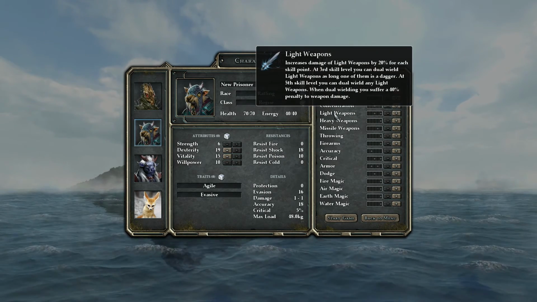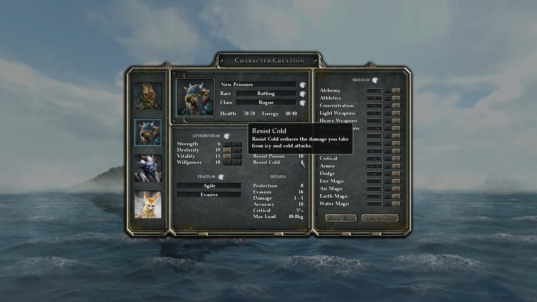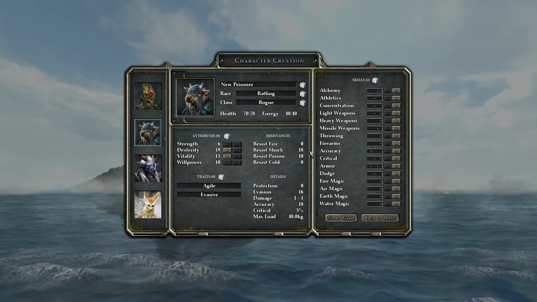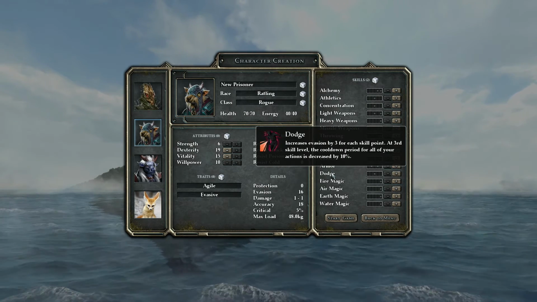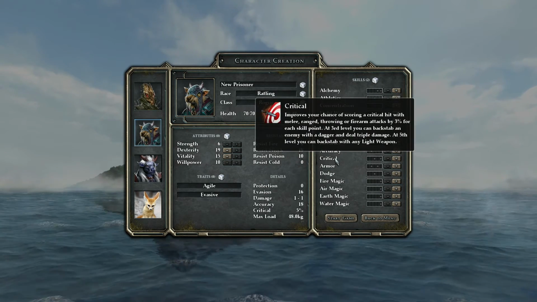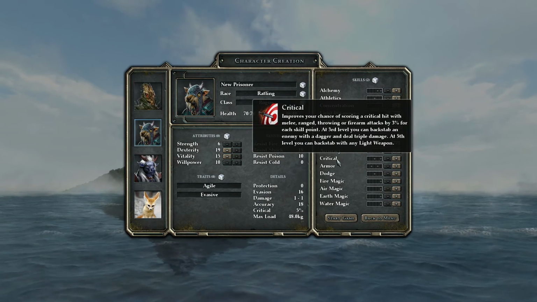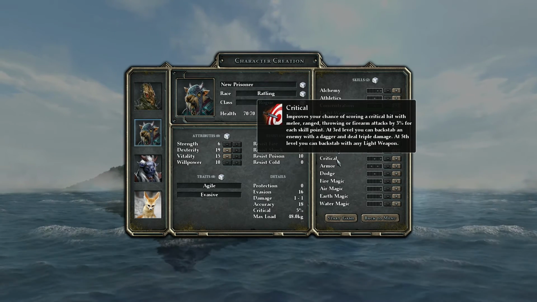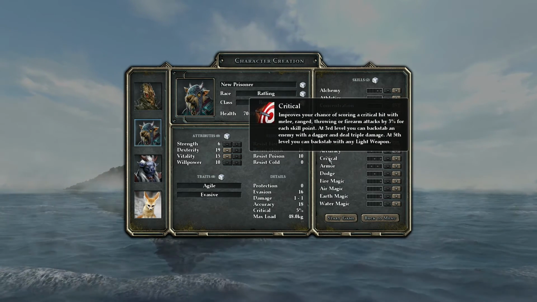So let's see here, it would be 3, 7... we can't do 17. Okay, cooldown. I want him to be able to backstab, so that would be 10.